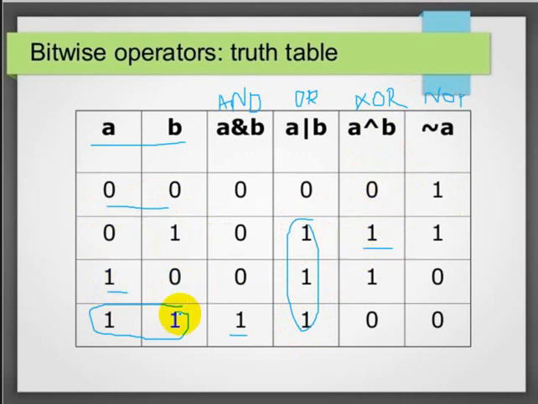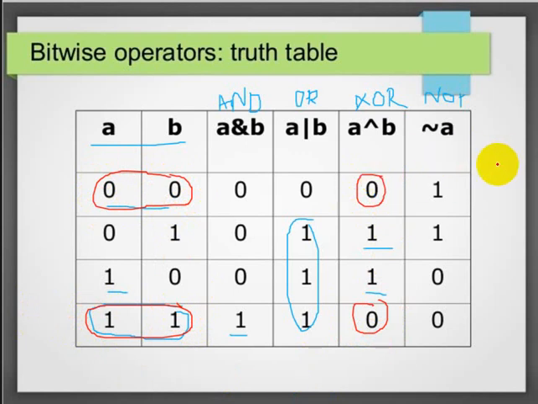Here A is 1, B is 0, so you get 1. If both inputs are the same, we get 0 as the output. This is the truth table for the XOR operation.